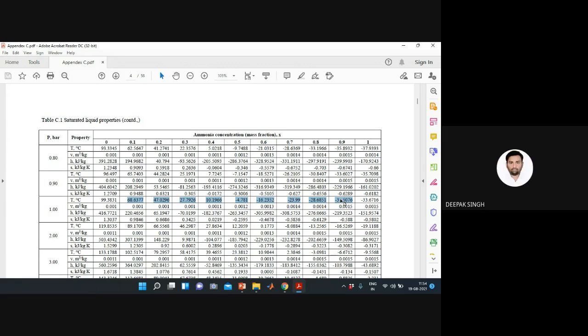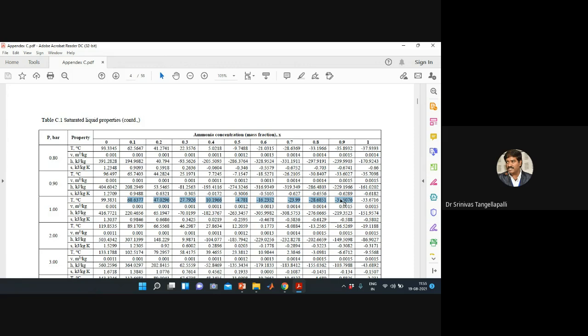If it is related to the liquid, at the starting of the phase change, you may call that bubble point temperature, BPT. And if it is related to the vapor, where phase change is completed, that is called dew point temperature, DPT.